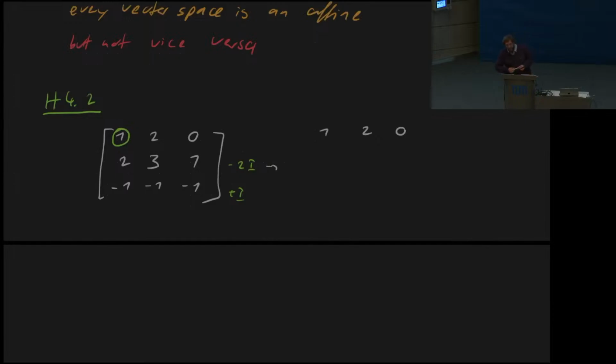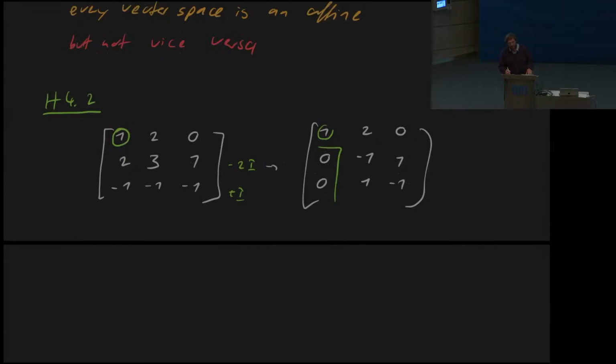And that will produce 3 new lines that have the same span as the old 3 lines, but will hopefully be a simpler description. So the first one is not changed. The second one becomes 0, 3 minus 4 is minus 1, and 1 minus 0 is 1. And this third row becomes 0, 1, and minus 1. Right, and you see we produced a couple of zeros here already.